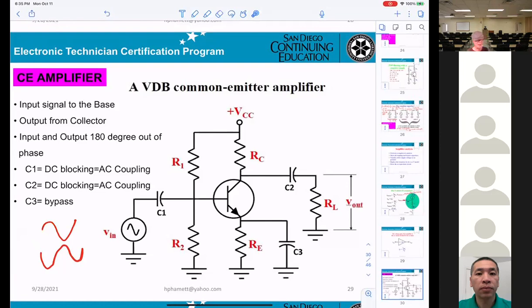We need a bypass capacitor if we want the gain of the amplifier to be higher. That is a summary, at least what you need to know about the CE amplifier.